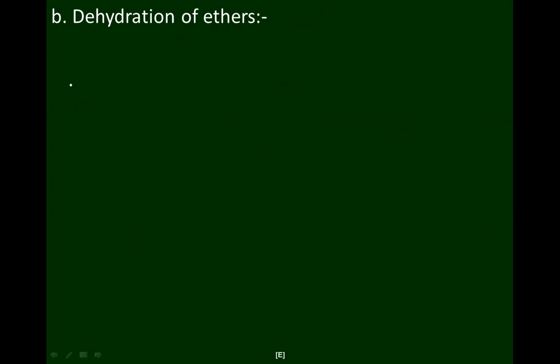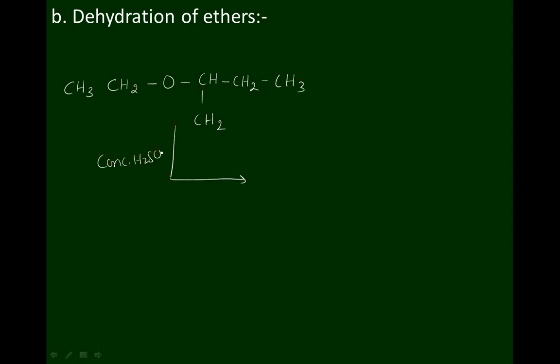The molecule is like this: CH3, CH2, O, CH, CH2, CH3, CH2. What happens when this compound is heated with concentrated sulfuric acid? On both sides we have an alpha carbon atom as well as a beta carbon atom, beta 1 and beta 2.